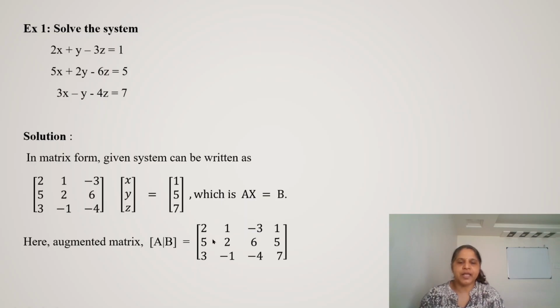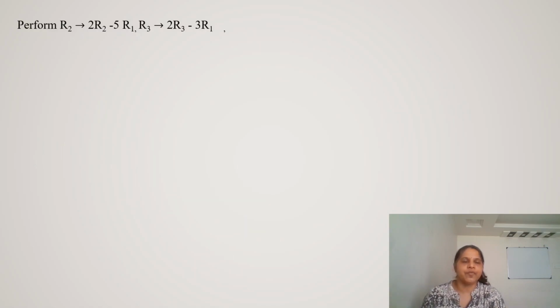Here matrix A is there and we have the column of matrix B. Let us reduce this augmented matrix to its echelon form by using row transformations.